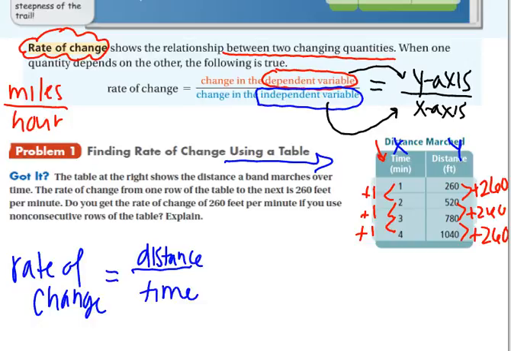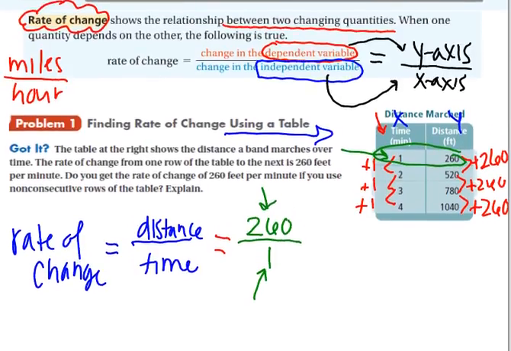So if I want to find my rate of change, let's just take the easiest one and use number 1. I go 260 feet per minute, right? That's all we did, we just plugged in. I took my first column here. My distance was 260. My time was 1 minute. So after 1 minute, I walked 260 feet.